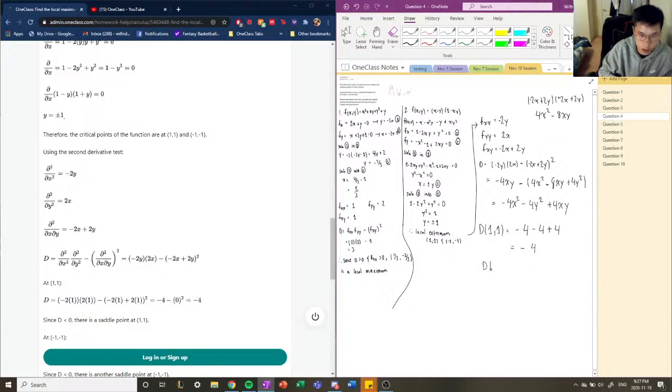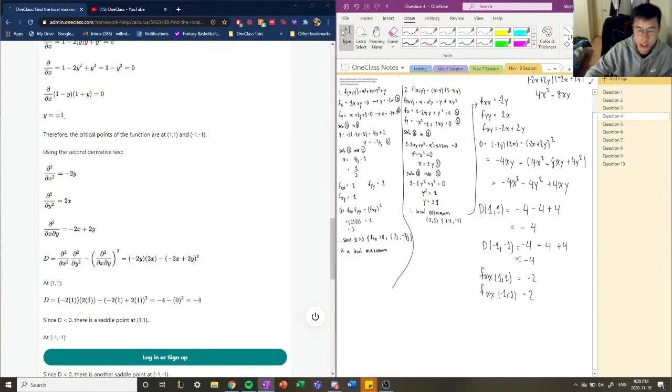And we're going to take our discriminant at (-1, -1), and that equals 4 minus 4 plus 4, which is negative 4. Okay. And finally, we're just going to take f of xx at (1, 1), which is just -2, and f of xx at (-1, -1), which is just 2.